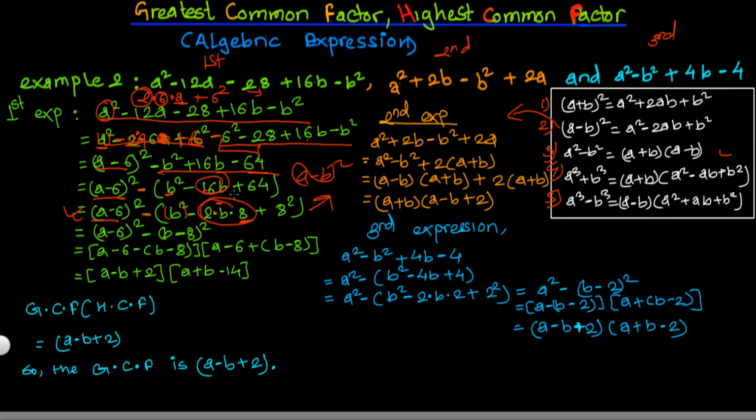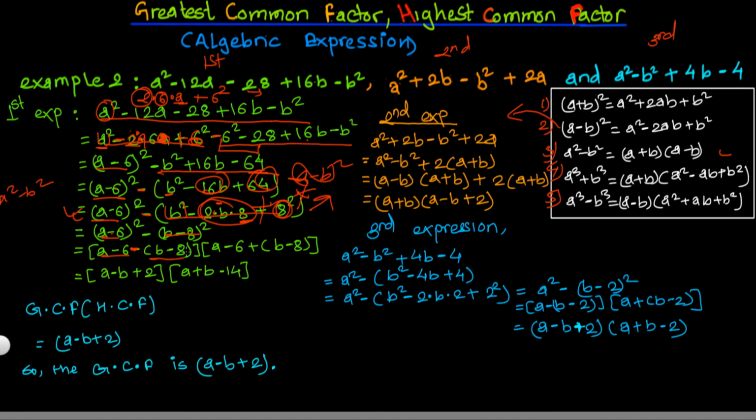Similarly 64, in square form, is the square of 8. So the thing over here will become b minus 8 whole square. So this is again an a square minus b square form, which is a plus b times a minus b. My a over here is a minus 6, my b is b minus 8.